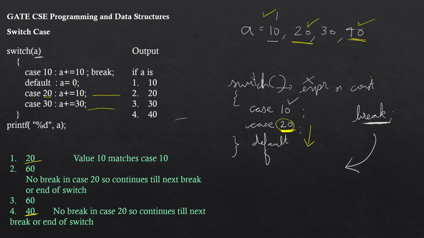And suppose whatever expression or constant we gave inside the switch doesn't match. What happens then? It goes to the default. And remember, if default also doesn't have a break, then again, we evaluate everything till we reach the end of the switch.